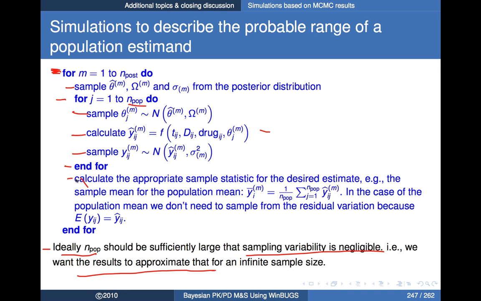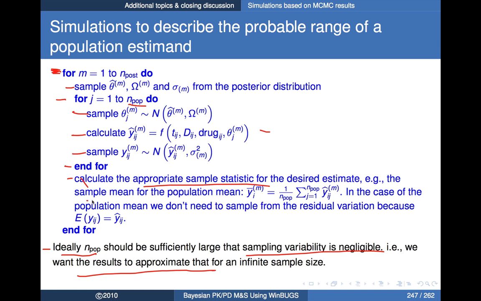And then, given all of those values, I calculate an appropriate sample statistic for the desired estimand. And we mentioned, for example, a sample mean. So suppose I want to deal with the population mean.